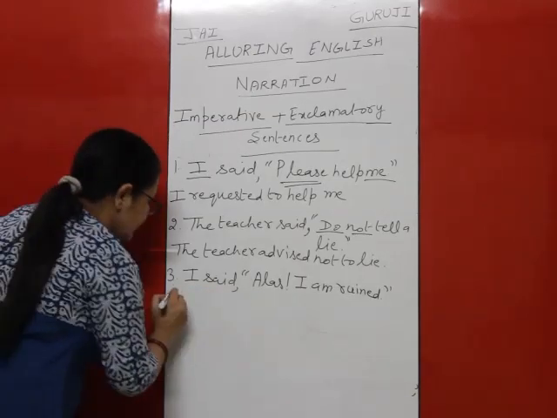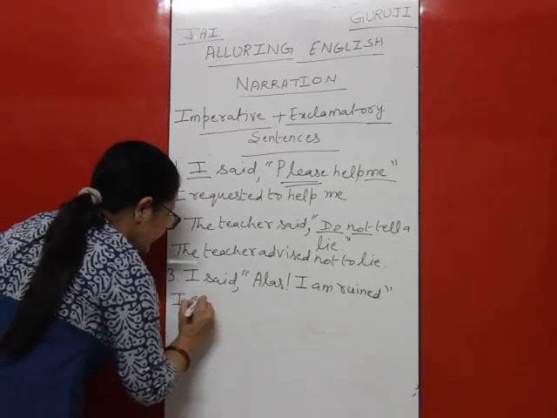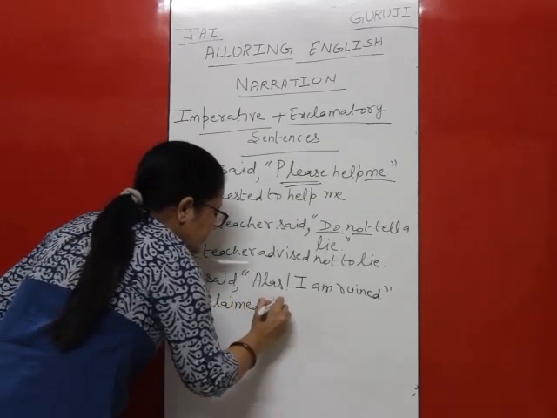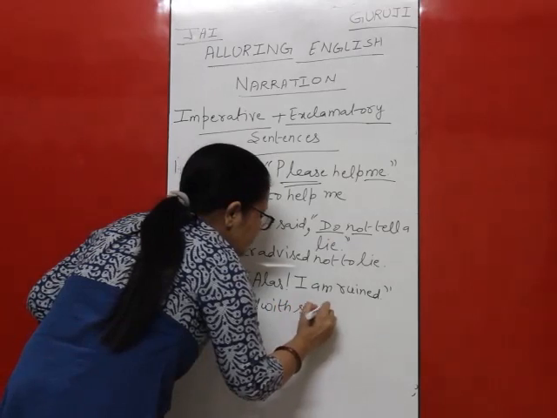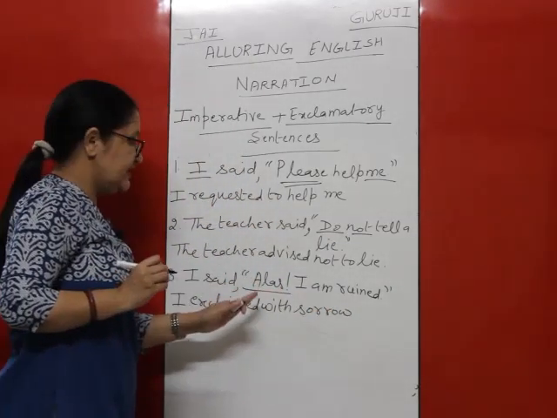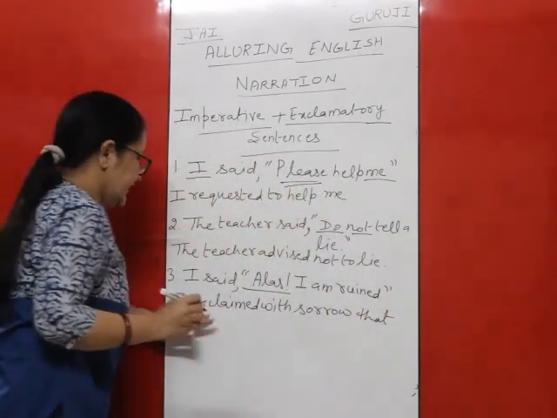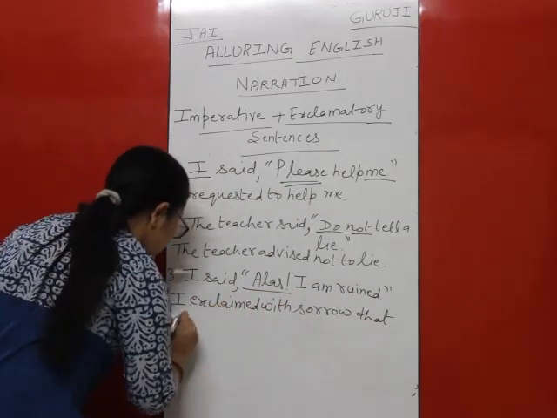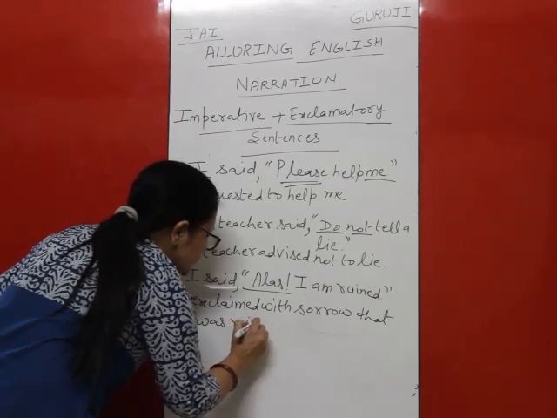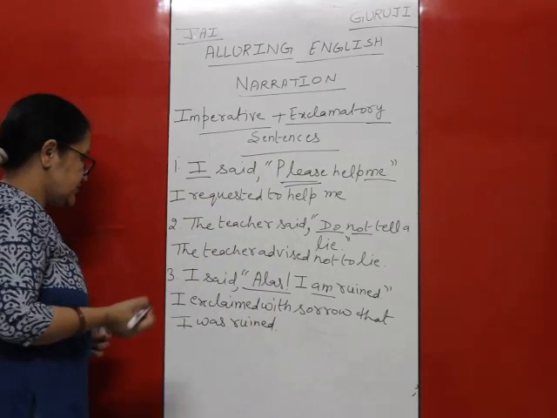So the sentence will be like, I exclaimed with sorrow. I will remove alas, I will remove the sign of exclamation, I will simply write that. I exclaimed with sorrow that I was ruined. Why am I using was? Because is, am, are change into was, were. We have discussed it earlier.